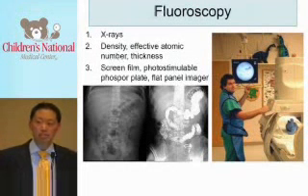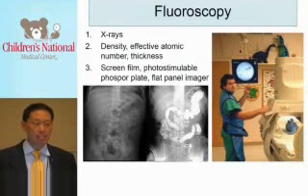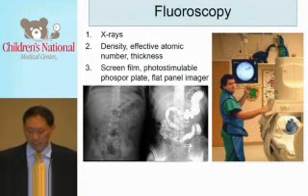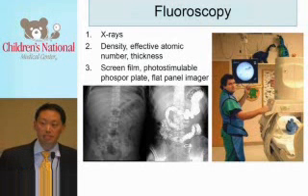How about fluoroscopy? Fluoroscopy uses X-rays again, with tissue density properties as well, but unlike plain radiography, it is a visible dynamic image, and certainly a more dynamic experience for the radiologist as well.